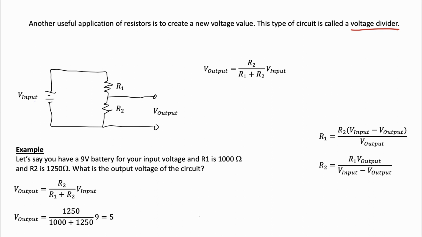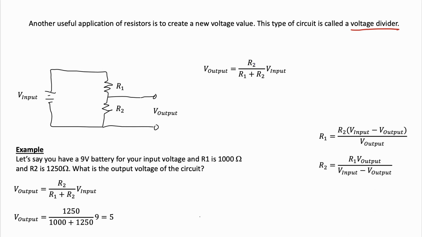Here I have some battery or power supply that's giving you an input voltage, and it's going to two resistors, and we're taking the output of the circuit across resistor 2, and that voltage output will be different than the voltage input. So here is the formula.